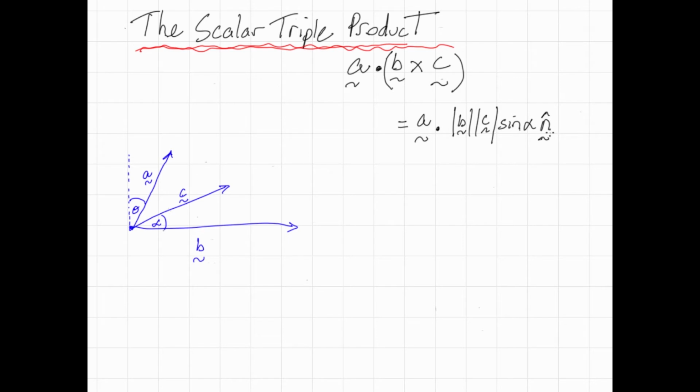So we can multiply a scalar times a vector, not a problem, just normal multiplication. Okay, so we've evaluated B cross C and got that.